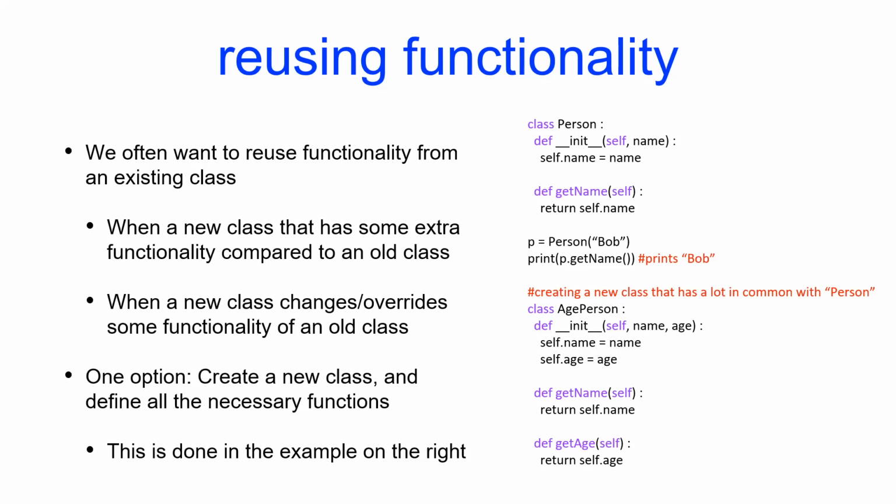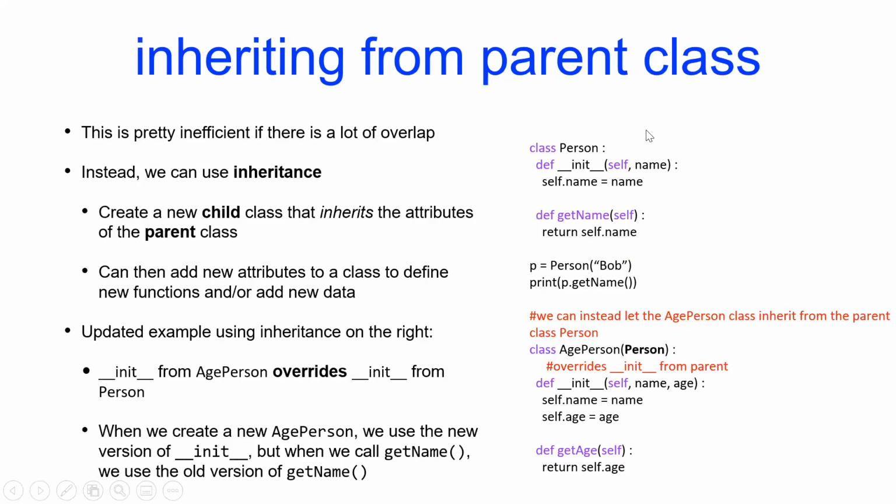If we do not use any inheritance, we just try to recreate another class from scratch. As you can see, we basically rewrite the majority of the code. But we can be a little bit smarter by reusing the person class.